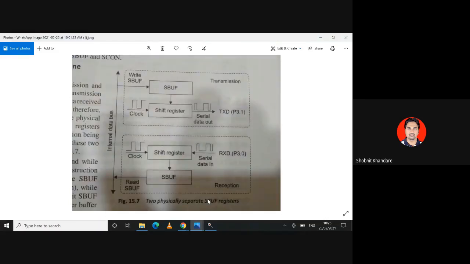To explain the SBUF register, this is a figure. Before I explain this figure, write down in the SBUF register a few sentences. SBUF is an 8-bit register.